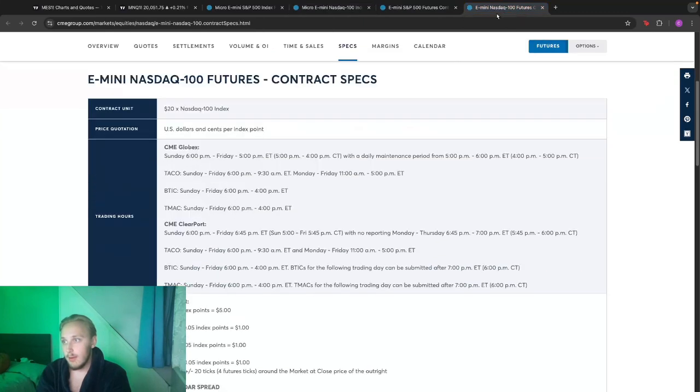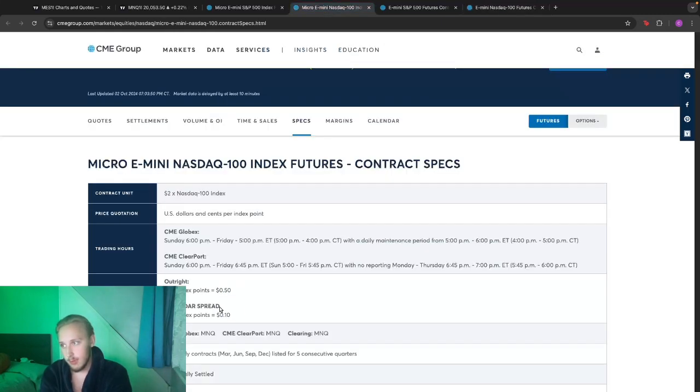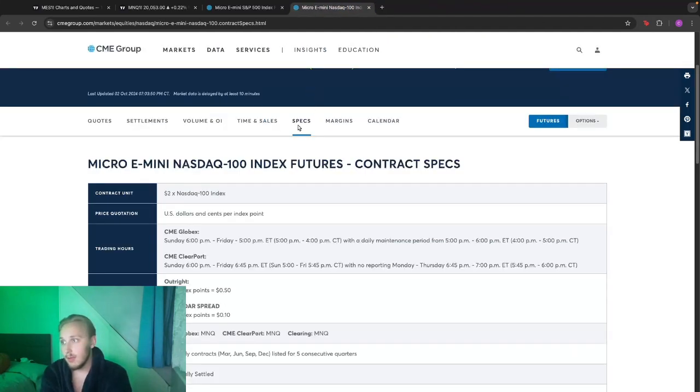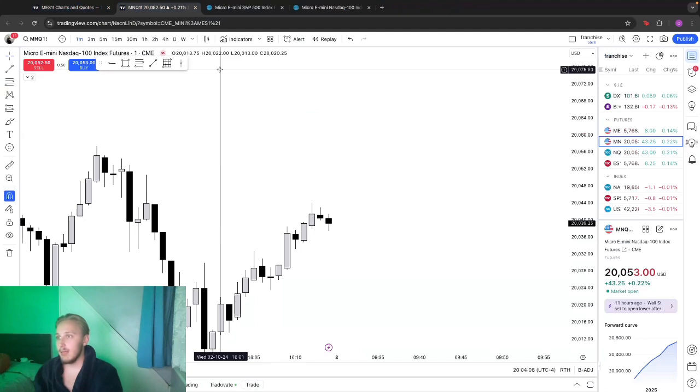If I had a 4 tick stop loss or 1 point stop loss, that would be $20 on the minis compared to the micros. So yeah, I don't know why I'm waffling, but I'm recording a video in a minute, so I've still been active, but I just haven't recorded much.